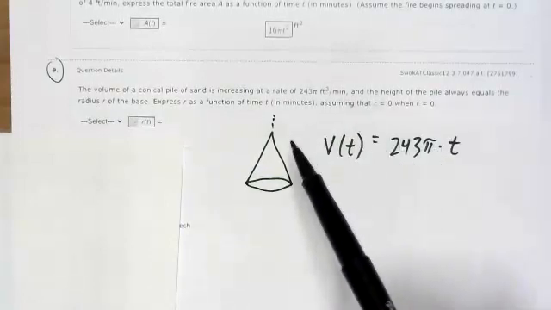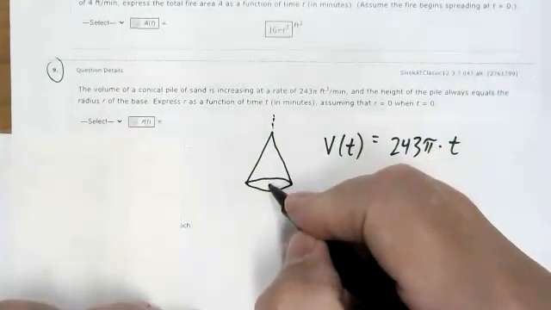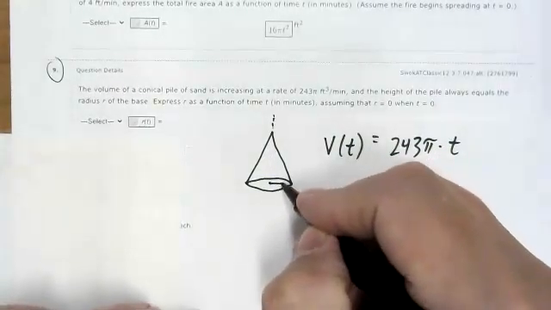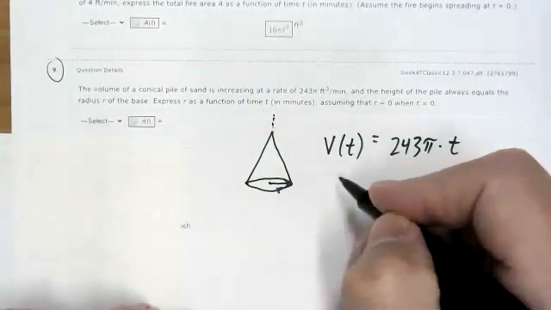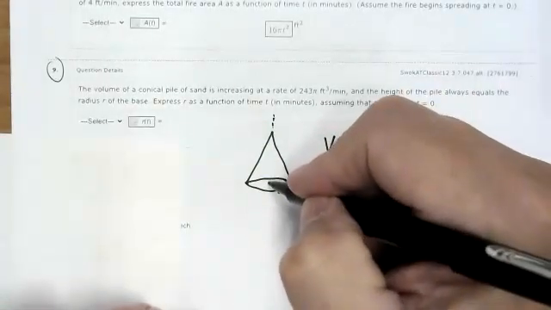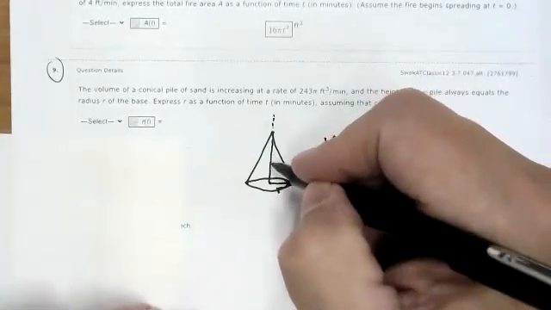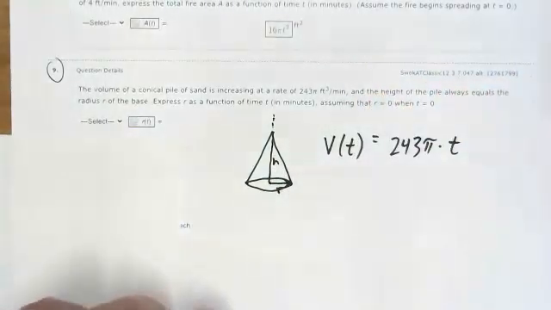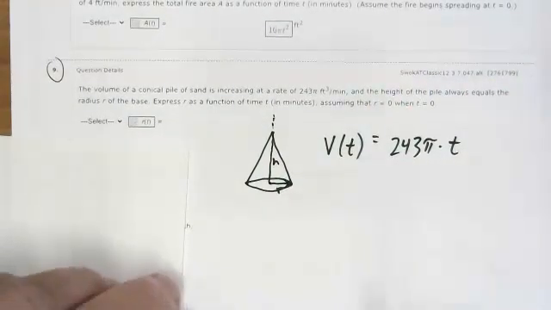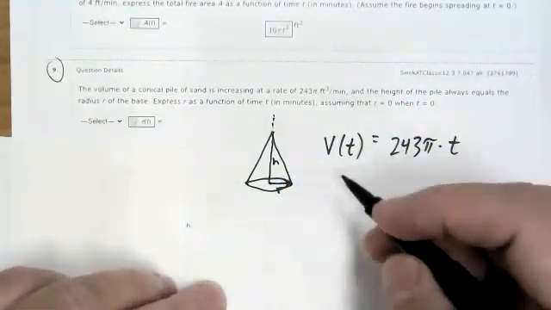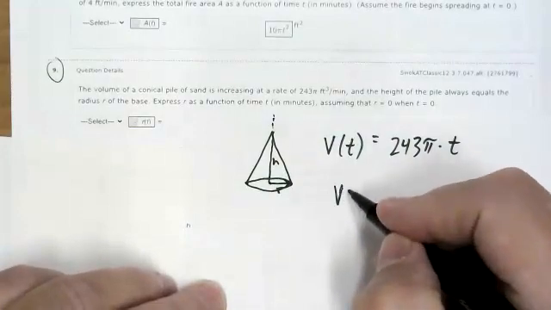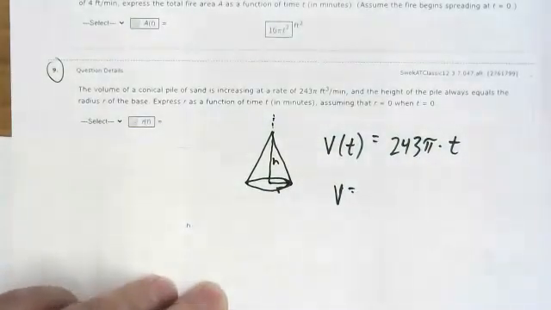But what they want to know is down here at the bottom of this cone, you've got this thing called the radius. And this is the height. Now, there's a geometry formula that we can use that tells us how to calculate the volume of a cone, and I wrote it down because I didn't know it.